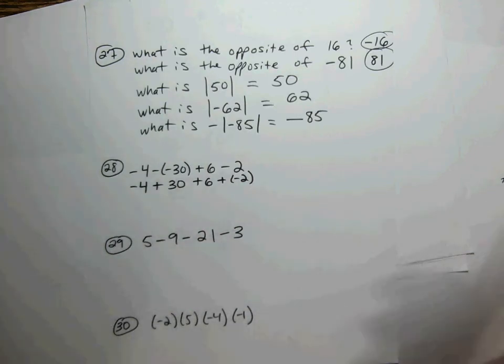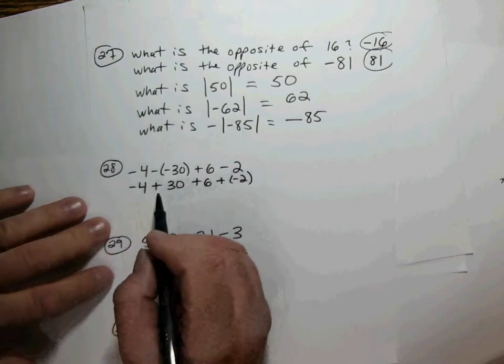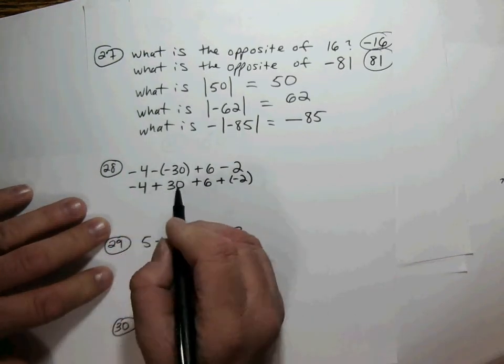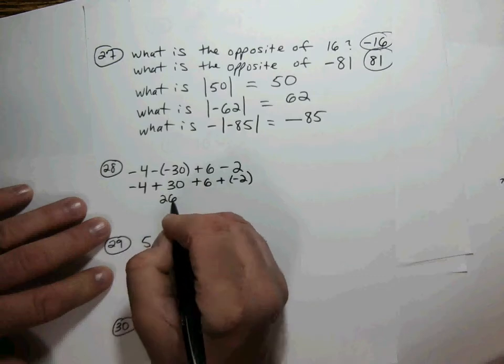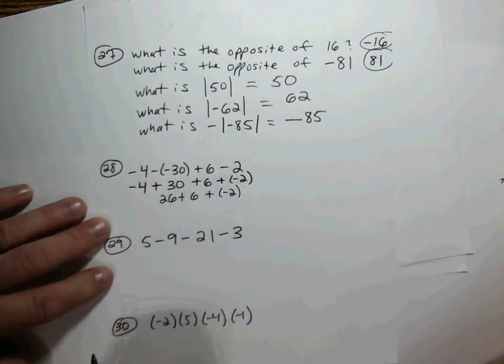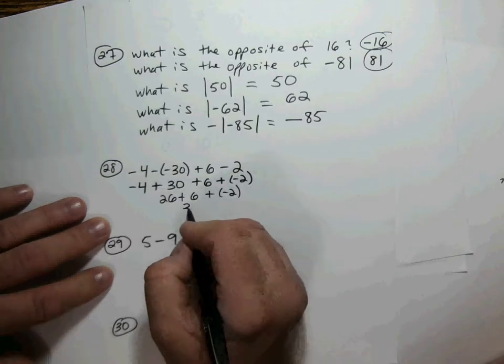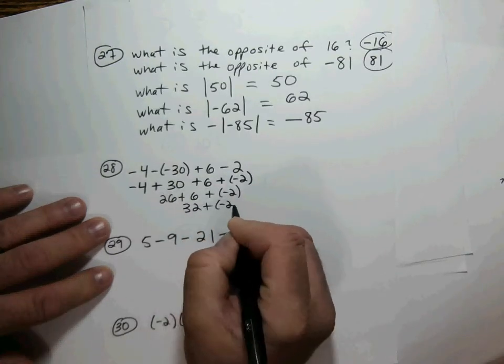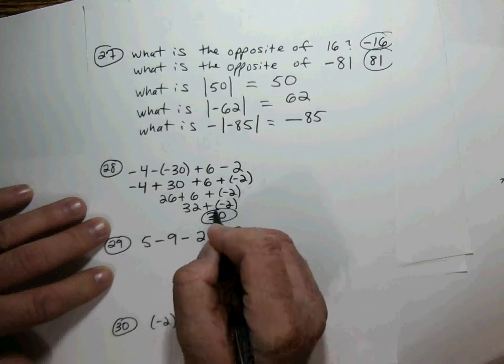Remember we worked examples where we shuffled it around and we put the positive numbers side by side and we put the negative numbers side by side. I prefer just to work through it left to right here. So I'm going to have a negative 4 and a positive 30. That gives me a 26. A 26 plus 6 gives me a 32, and a 32 plus a negative 2 gives me a 30.